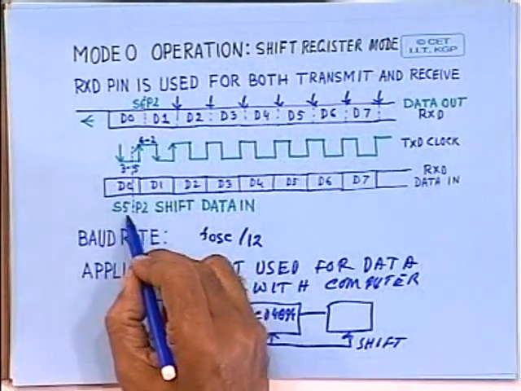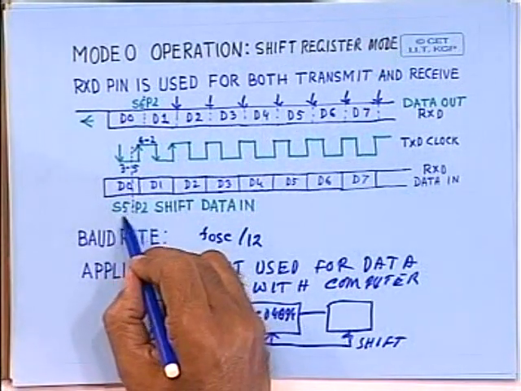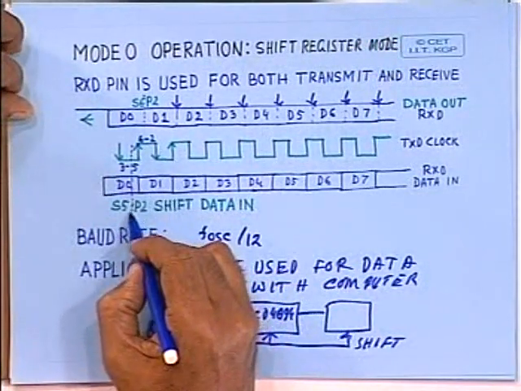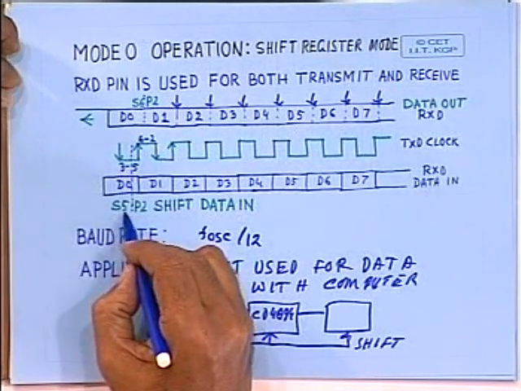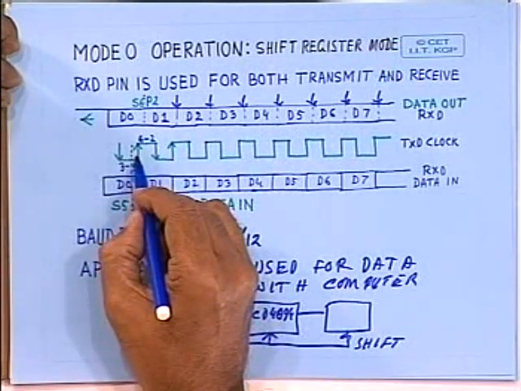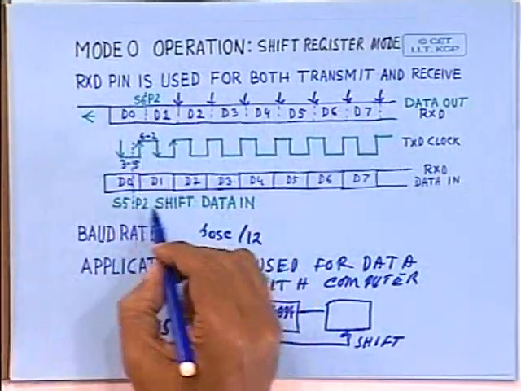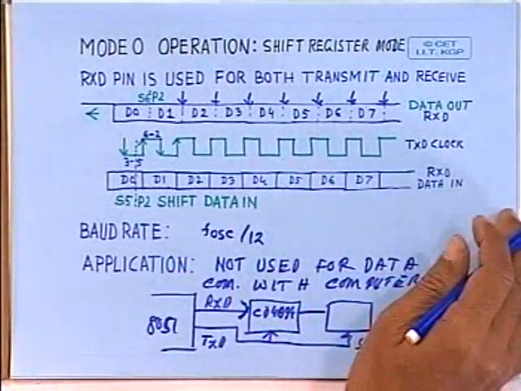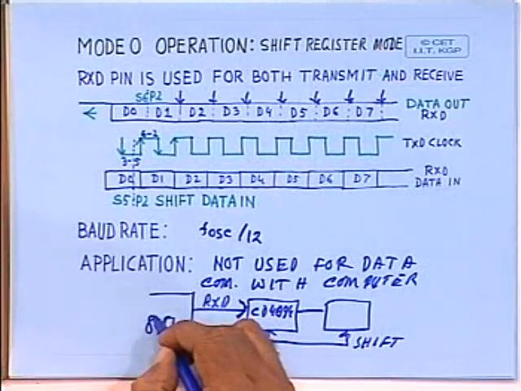And the shifting is done at the edge of S5P2, that means state 5 phase 2, that is the trailing edge of that phase 2 signal of state 5. So just one clock cycle before this goes high, each bit of data is shifted through the same RxD line into the 8051.